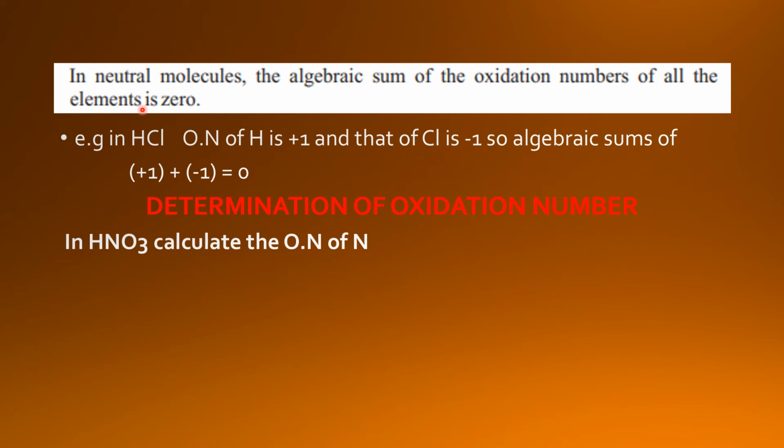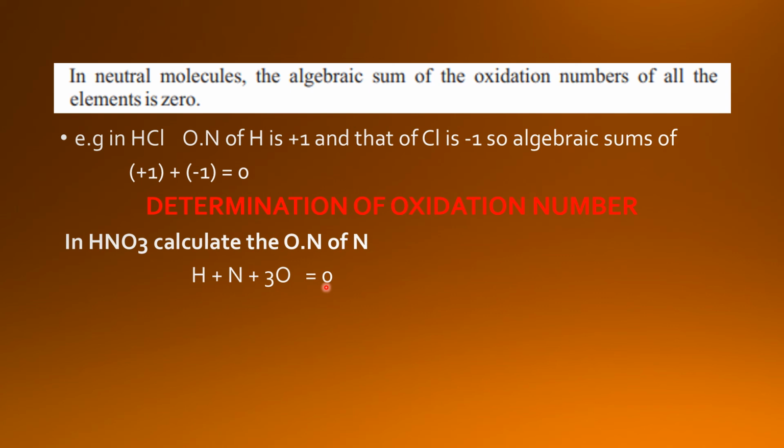So how can we determine the oxidation number? For example, we want to calculate the oxidation number of nitrogen in nitric acid. First of all, we will make the equation with hydrogen, nitrogen and 3 oxygen atoms. The sum of the oxidation numbers of all these must equal 0.